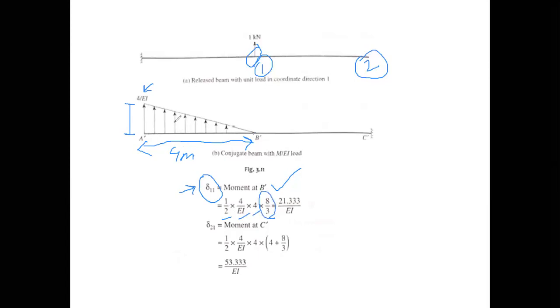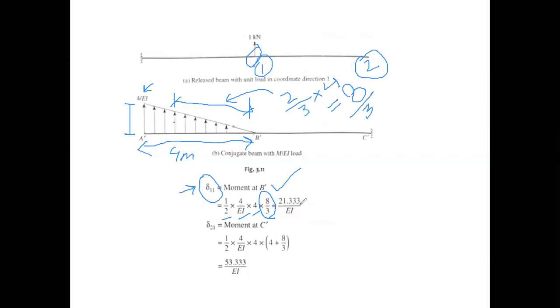So the centroid of this triangle will be over here somewhere, and this distance will be 2 by 3 of its base, that is 4. So this is simply 8 upon 3. That is what is written over here, 8 upon 3.